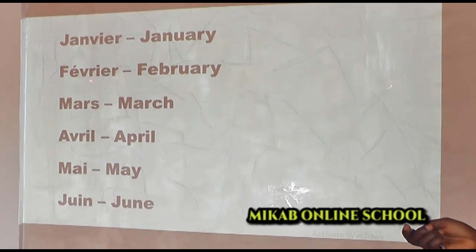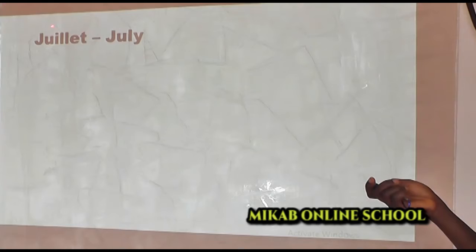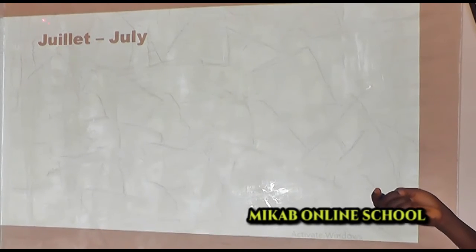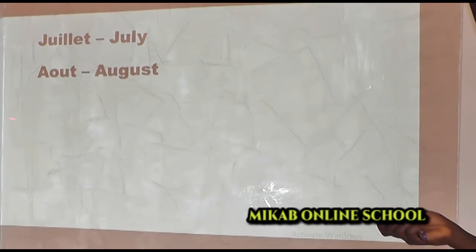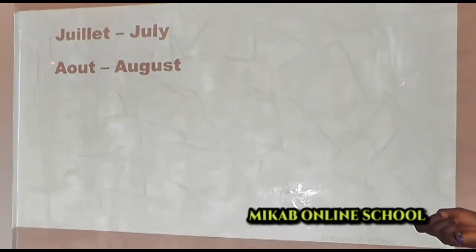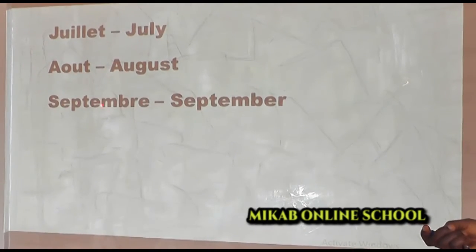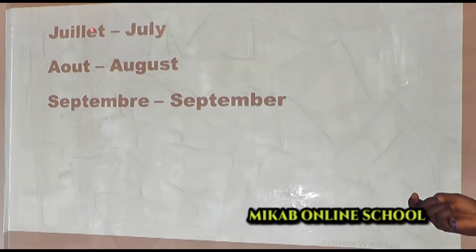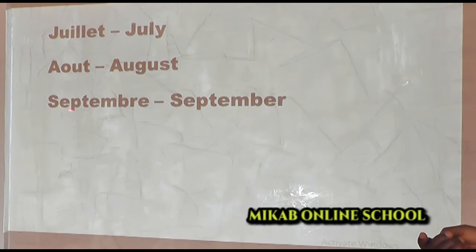Janvier, février, mars, avril, mai, juin. The next one is juillet, which is July. The next one is août. The next one is septembre.